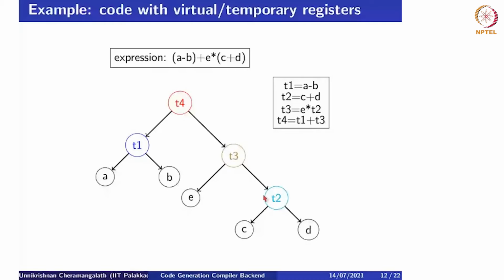It is a temporary variable, and it could be a placeholder for a register. For t1, t4, t3, t2, it can be done with 4 registers without much trouble. A minus b can be in one register, t1 in one register, t2 in another register, t3 in another register, t4 in another register. That's a very naive code generation, but you want the number of registers to be optimal.